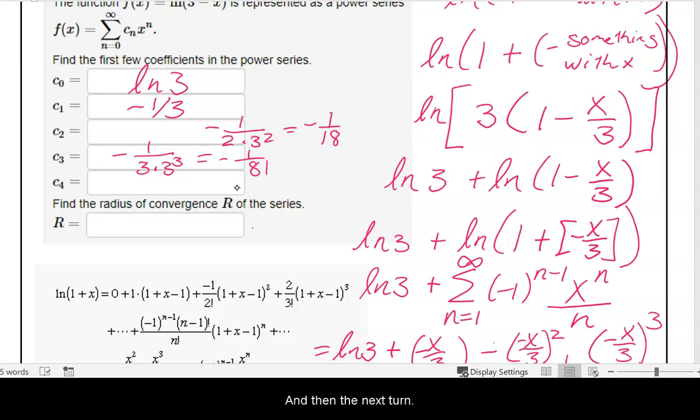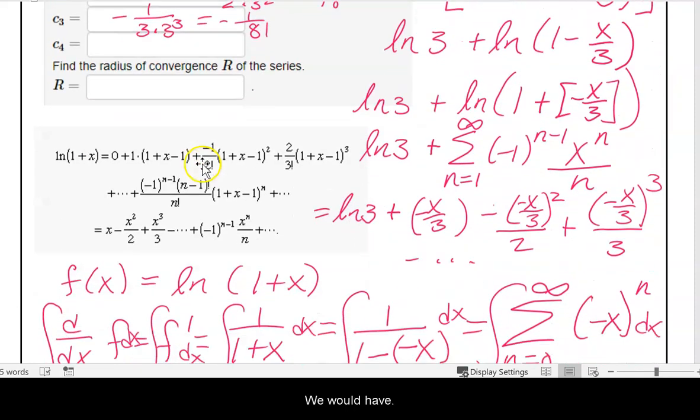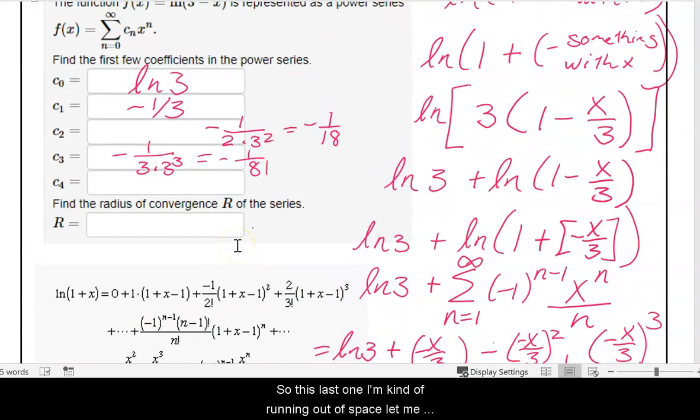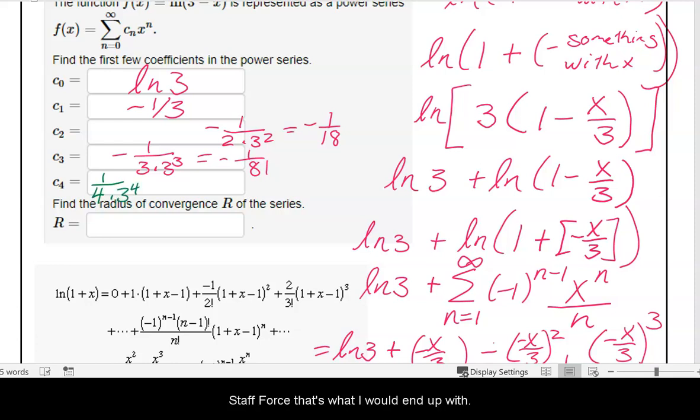And then the next term, we would have a 4 in the denominator. This negative would be raised to the 4th power, so it'd be positive, and I'd have 3 to the 4th. So this last one, I'm kind of running out of space. Let me change color so it contrasts. I would have 1 over 4 times 3 to the 4th. I believe that's what I would end up with. And did we say it was positive or negative?